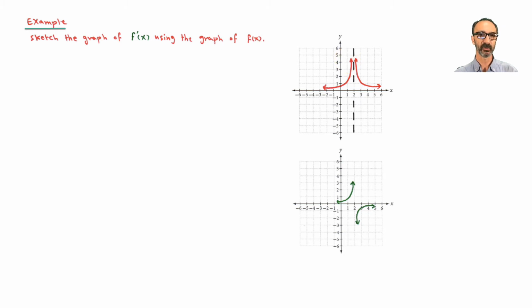My values should be above the x-axis, and I am above the x-axis. Here, I'm sliding down. My slopes are always negative. I should be below the x-axis. Now, why it curves that fast or looks like this, that's another topic. We're not going to be talking too much about it, but I'll just give you a quick idea.